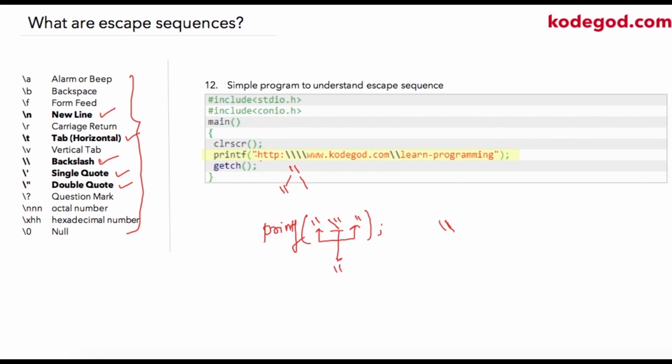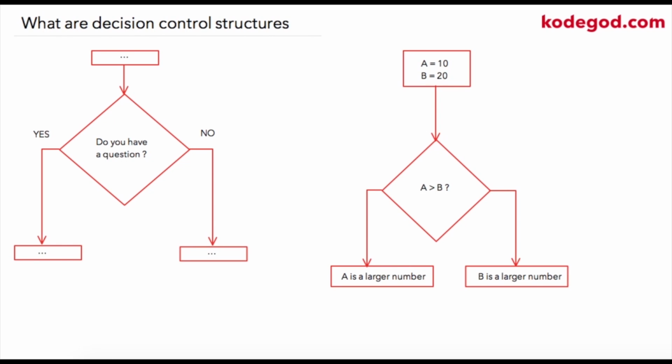Similarly, for the second slash, we'll have to provide double slash. So to print 2 slashes, we are required to provide 4 slashes. Okay, similarly, these 2 slashes will be replaced by a single slash. Okay, so my final result will be http://www.kodegod.com/learn programming.